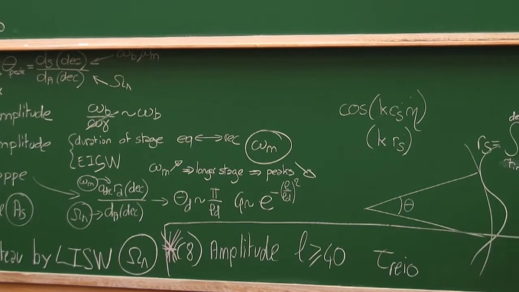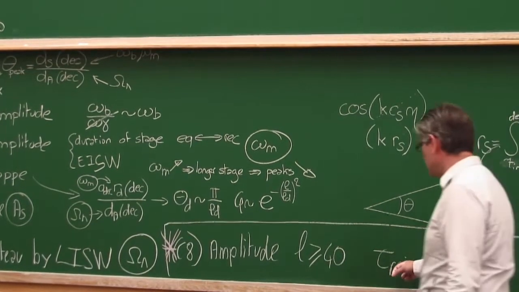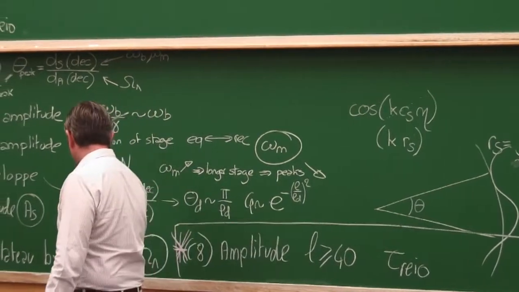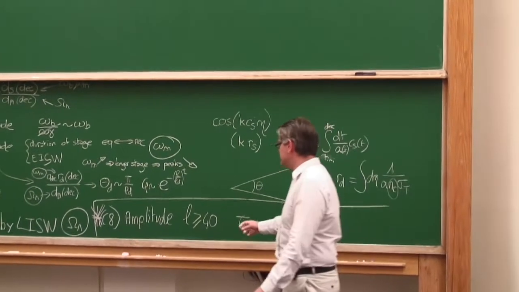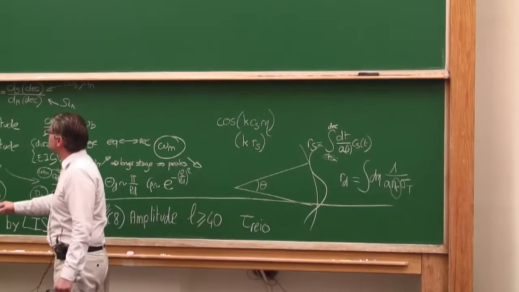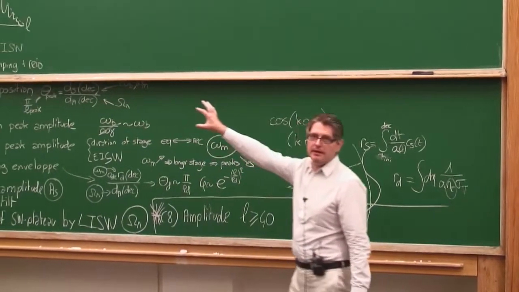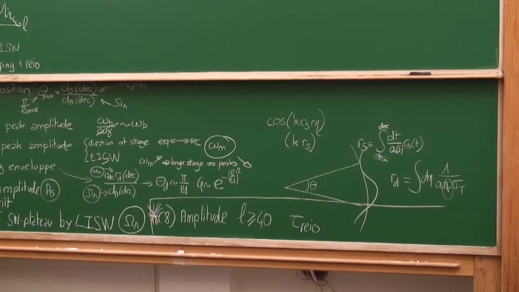In fact, what happens is that given the value of tau reionization and omega lambda indicated by other experiments, we believe that these effects are not big enough that we can easily see them, not even with Planck, because of cosmic variance.